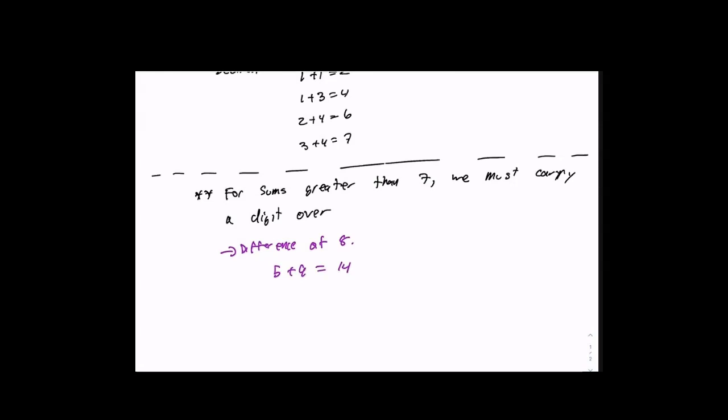What I would do here is subtract 8, I would get a 6, and so that reminds me that 14 in octal would be one of the 8's, 1 6. And so I would have to carry the 1 in addition.